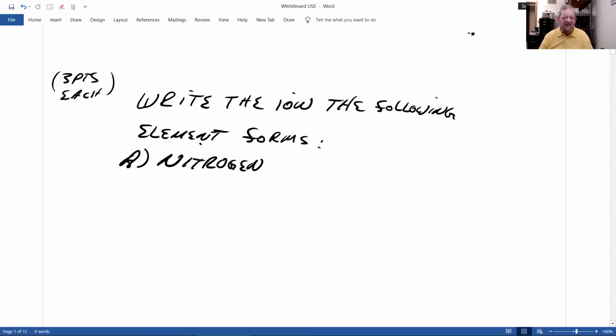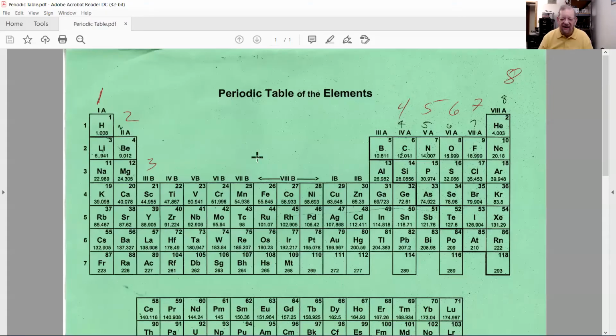I'm going to open up the periodic table. Write the ion that nitrogen forms. And yes, I'm going to give you a hint. It's going to be an anion, but you have to show the chemical symbol plus the charge.